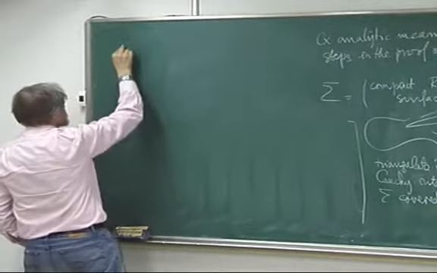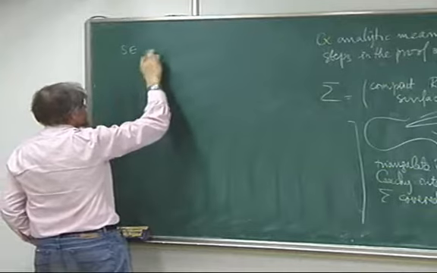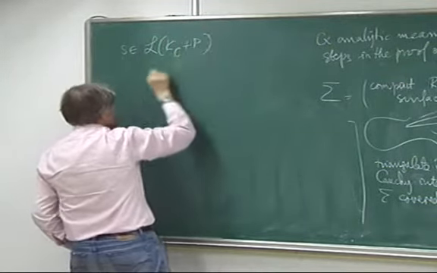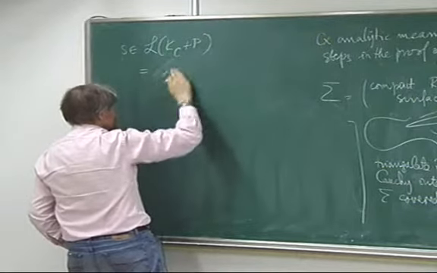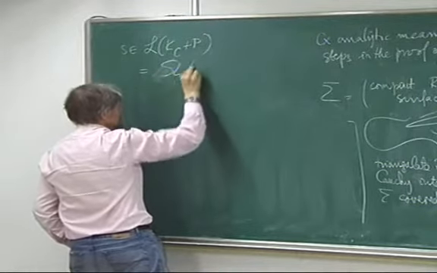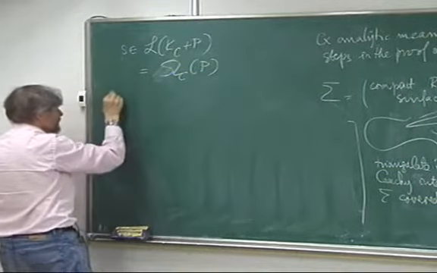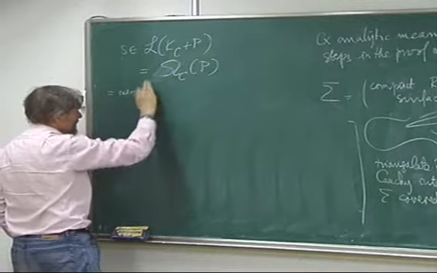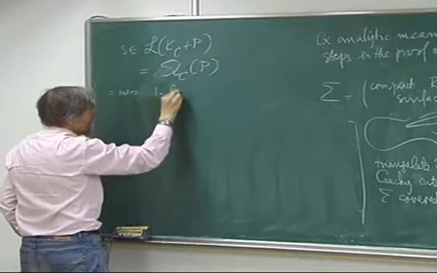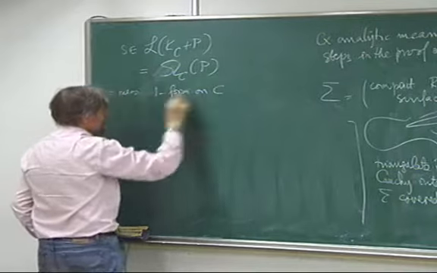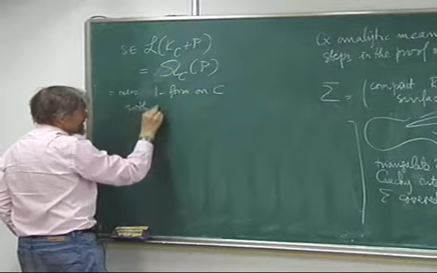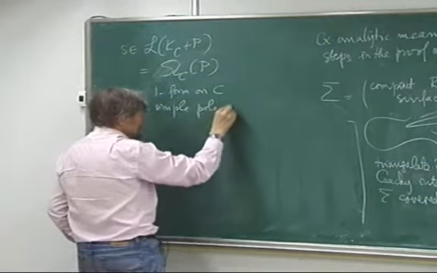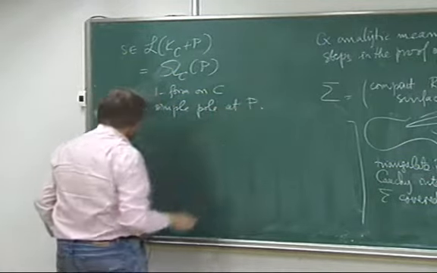So if I take S in L of Kc plus P, so this is L of, sorry, omega c at P. This is a meromorphic one form on C with a single simple pole at P. Right.